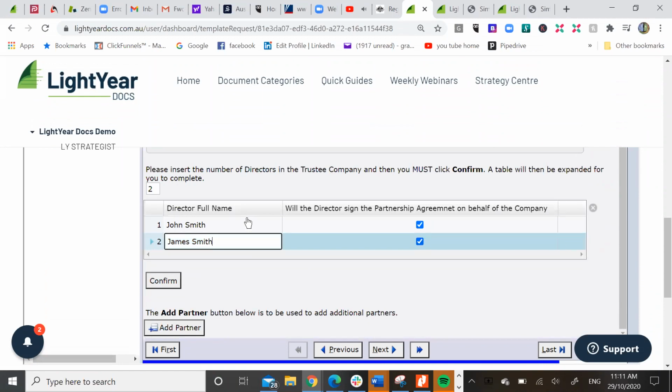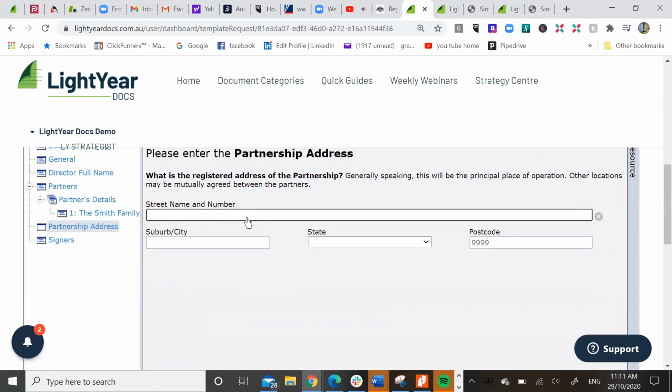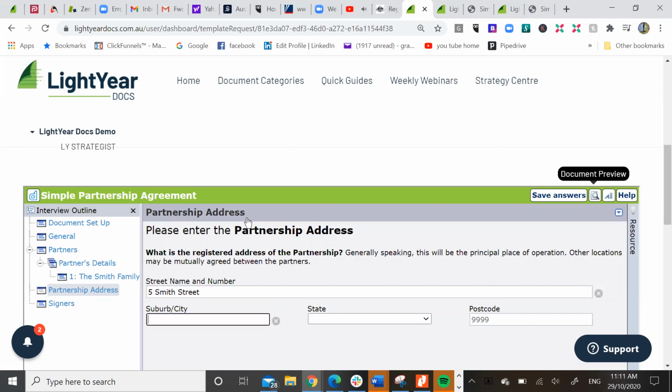In fact, I'll change that to John's family trust, Sally Smith. Then I'll go to the next one. So the next partner, oops, sorry. So you can see what I've done. I'll put here, this is the partnership address, Sydney, New South Wales, 2000.